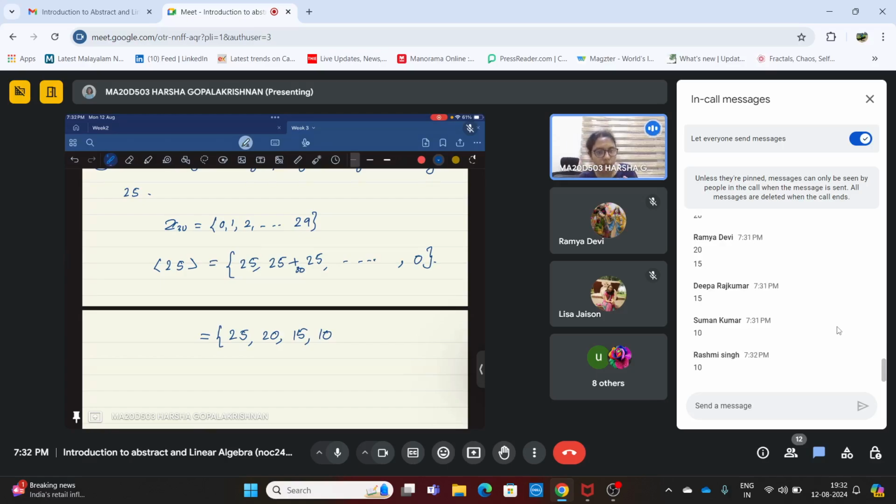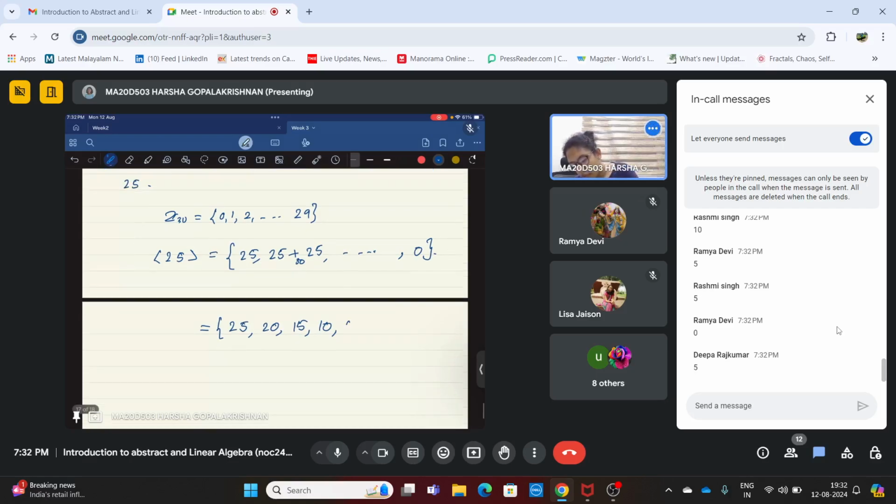I will get 40, and from 40 in set 30 it is 10. What is the next element? Yeah, 5, because 10 plus 25 is 35, and 35 means it is 5. Now next element, 0. Good.